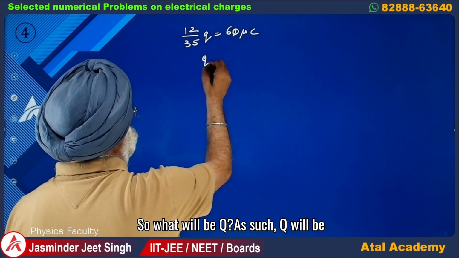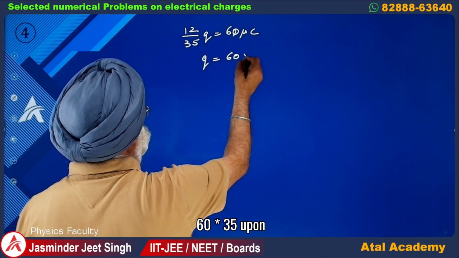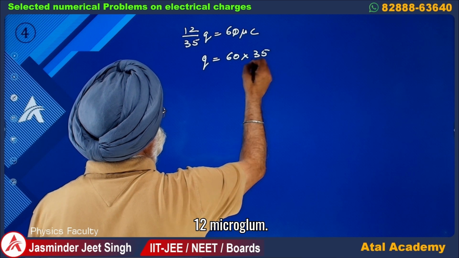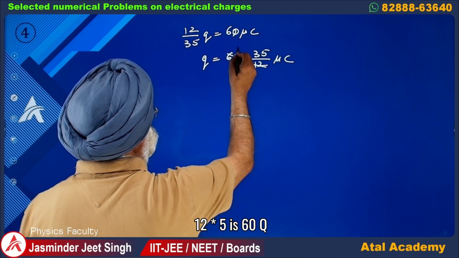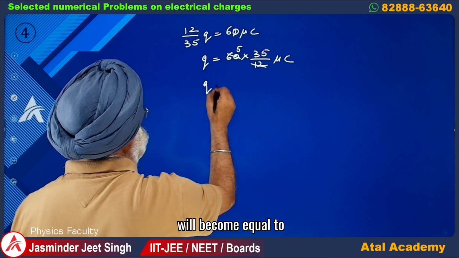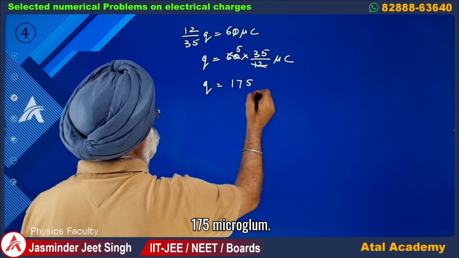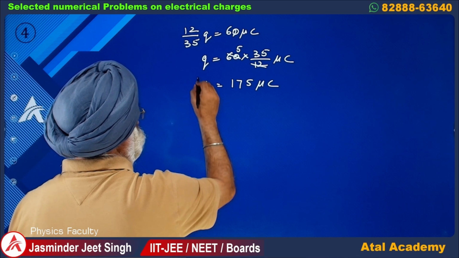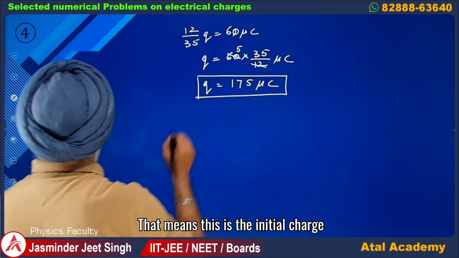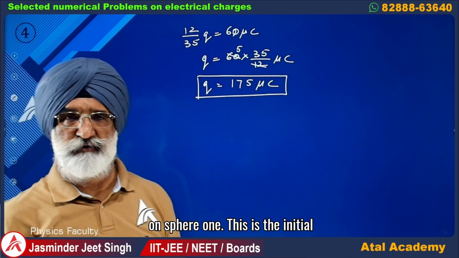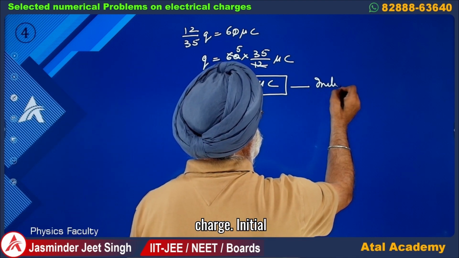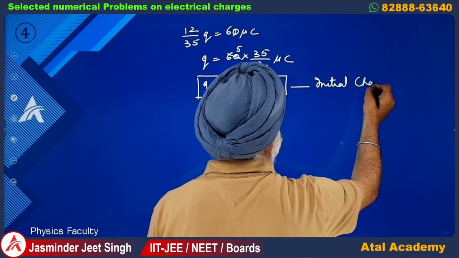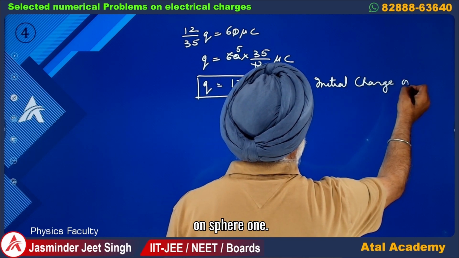Q will be 60 into 35 upon 12 microcoulomb. 12 into 5 is 60. Q will become equal to 175 microcoulomb. That means this is the initial charge on sphere 1.